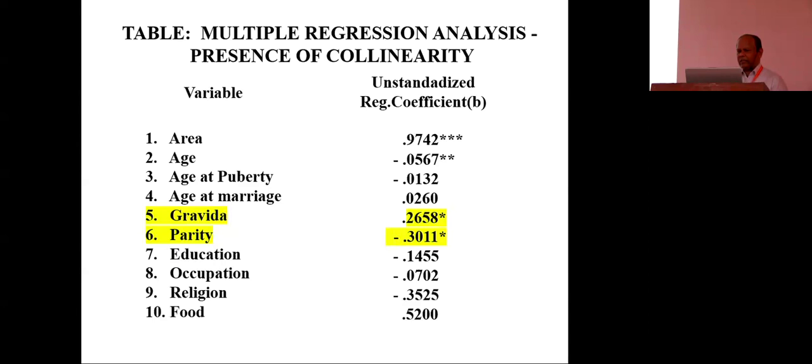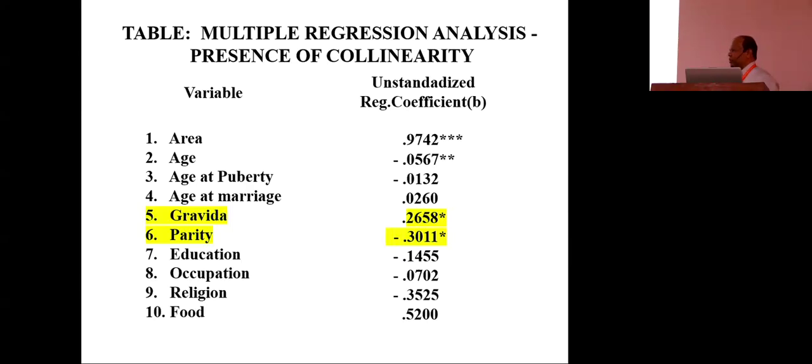Now, someone has to interpret the gravida regression coefficient and the parity regression coefficient. One unit change in your gravida, one more pregnancy in your life, how much change in the cycle length? 0.26 days change.